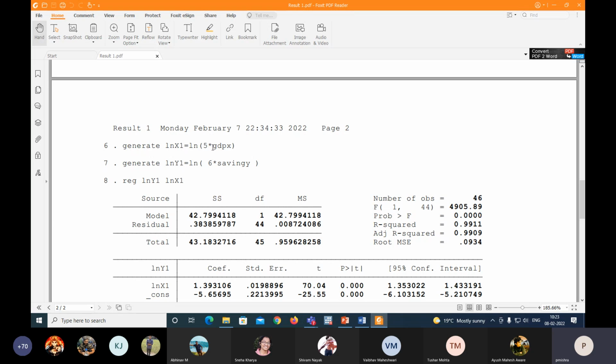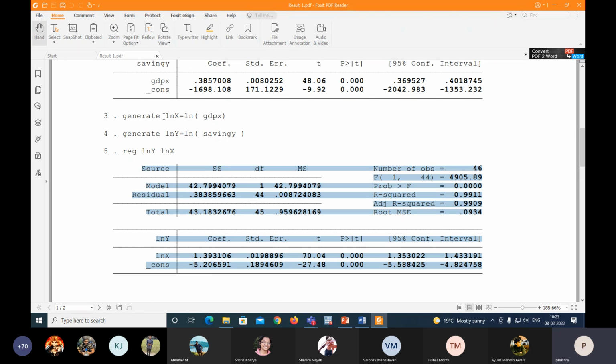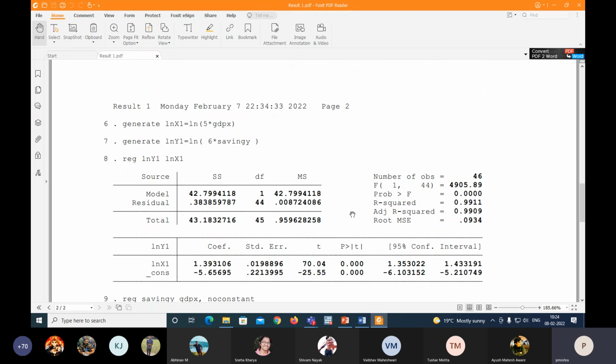So we are generating new variables twice. Here we are straightaway making log transformation of the variables and then we are estimating the model. Here we are first changing the scale by 2 factors. For GDP it is 5, for savings it is 6.